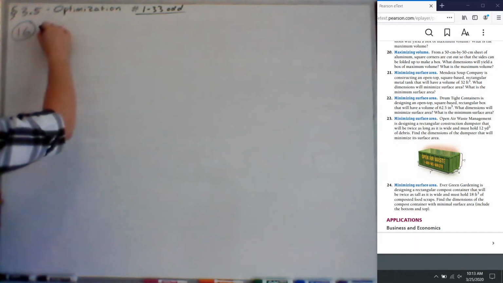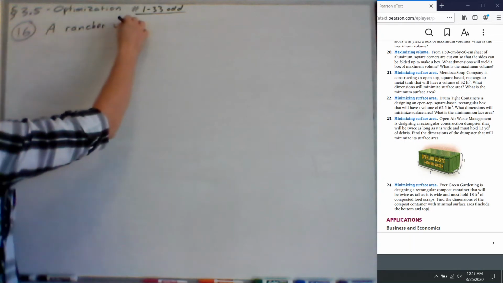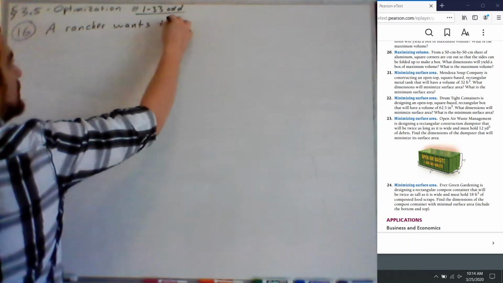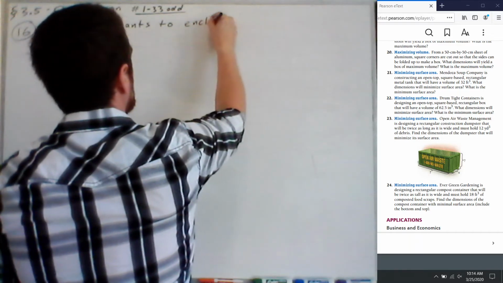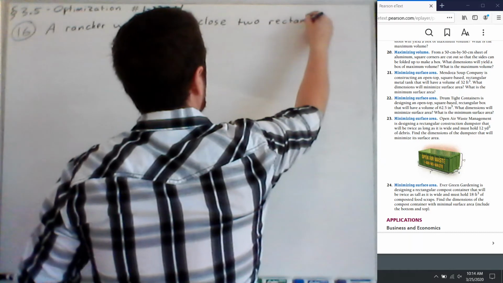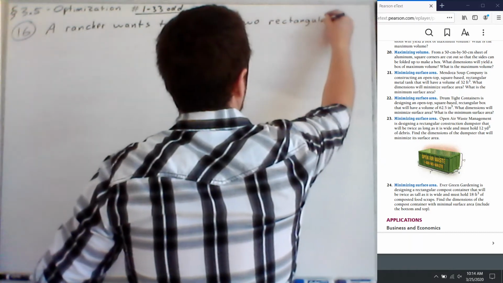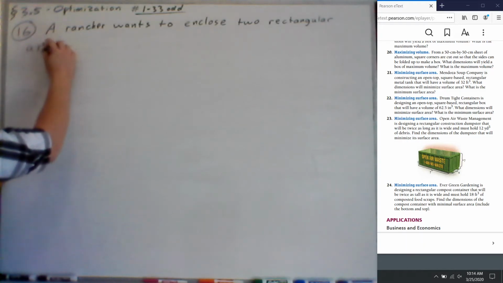And it says, a rancher wants to enclose 2 rectangular areas near a river.